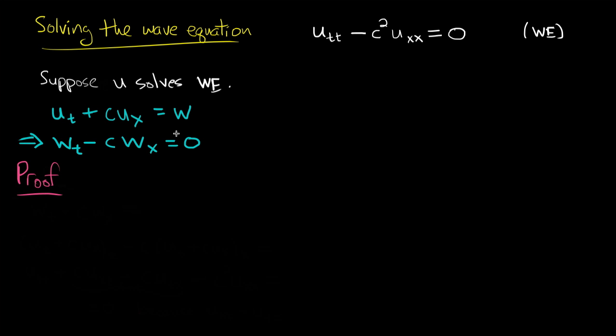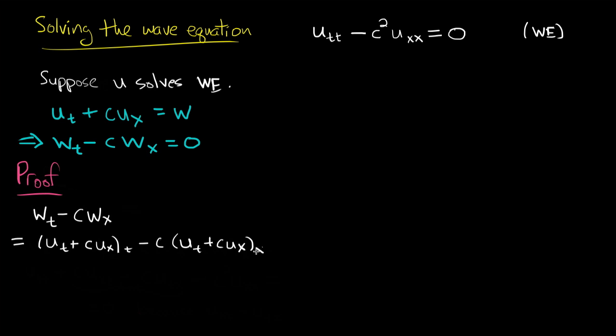So let's begin with this equation, WT minus CWX equals 0. And let's plug in the definition of W, and that's UT plus CUX. So we start off with WT minus CWX. This is equal to, plugging in the definition of W, the t derivative of UT plus CUX, minus C times the x derivative of UT plus CUX.